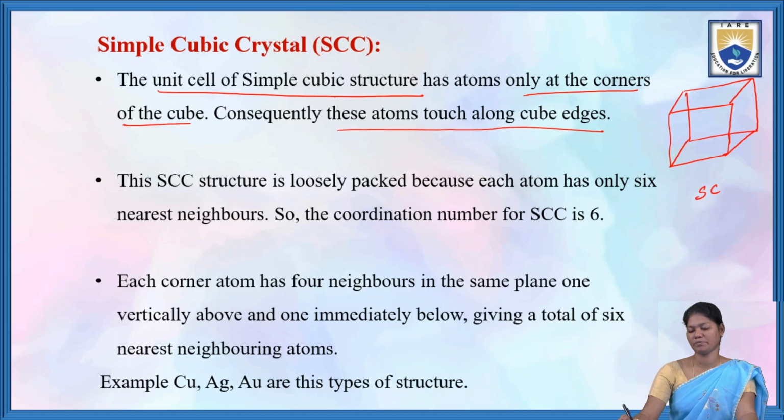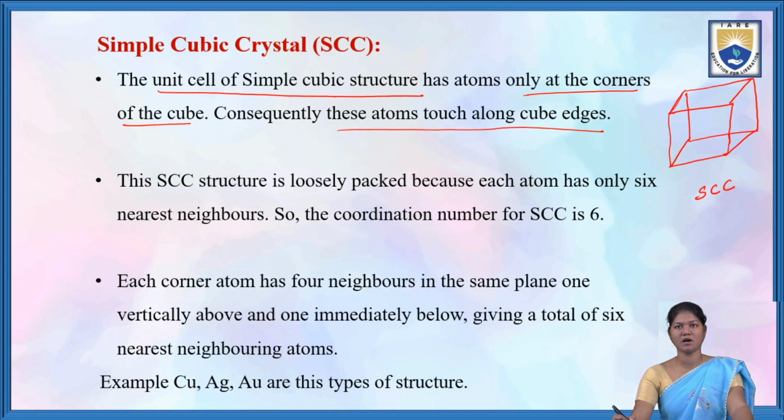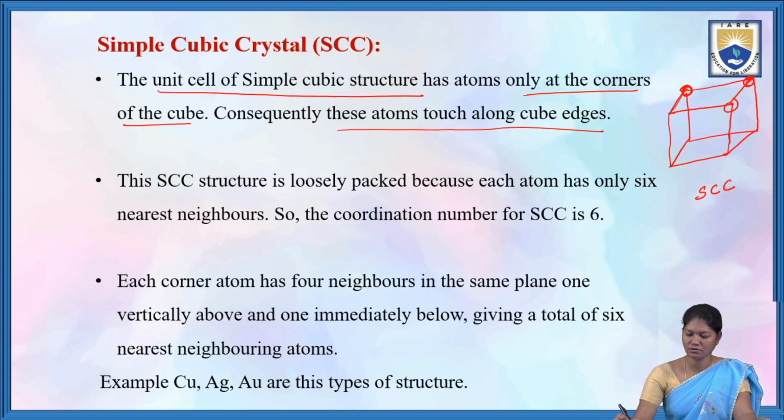So this is a simple cubic crystal. This is one unit cell, a small part of a solid. In this unit cell of a simple cubic structure, atoms are only at the corners.